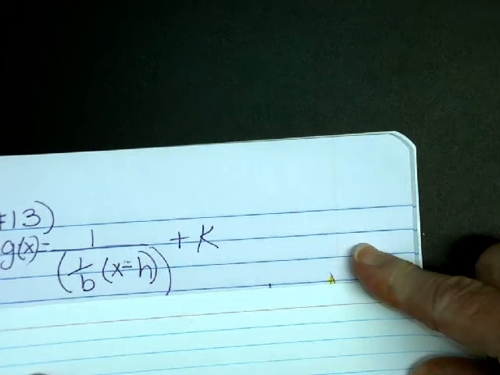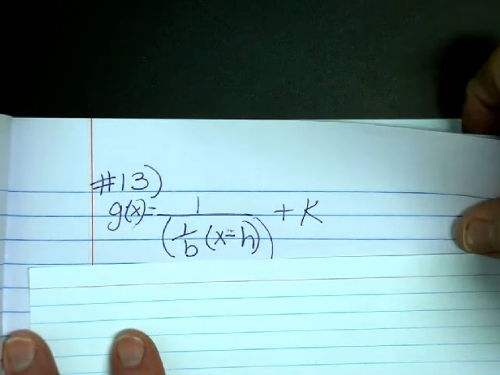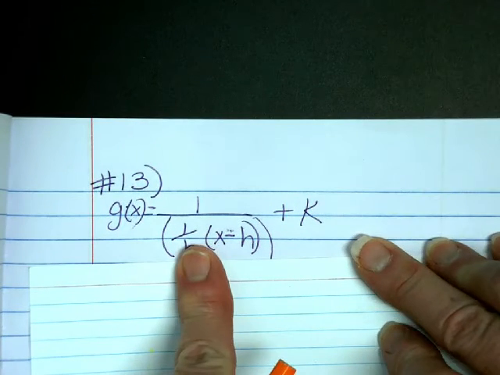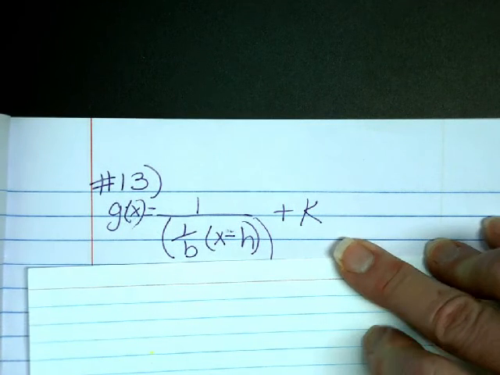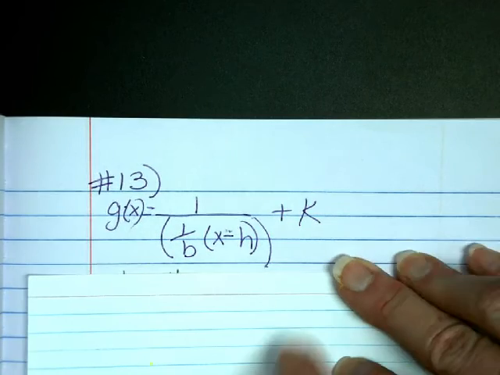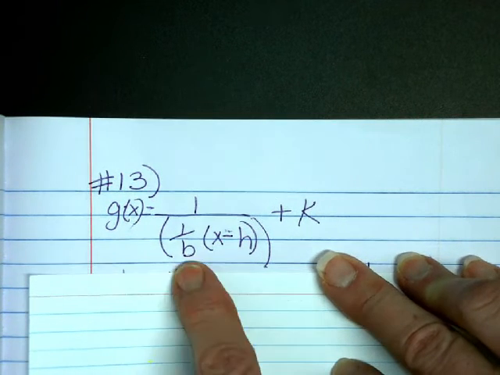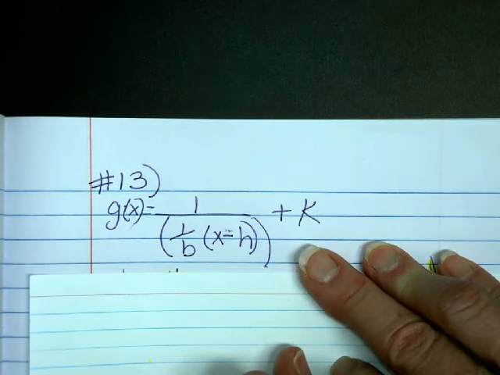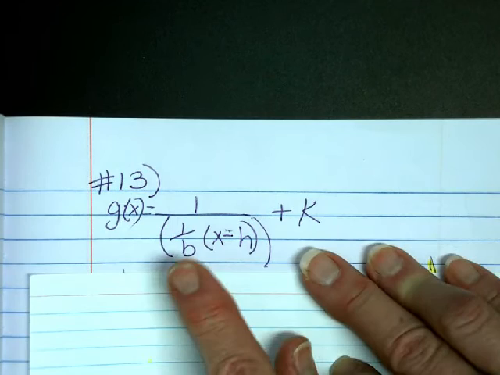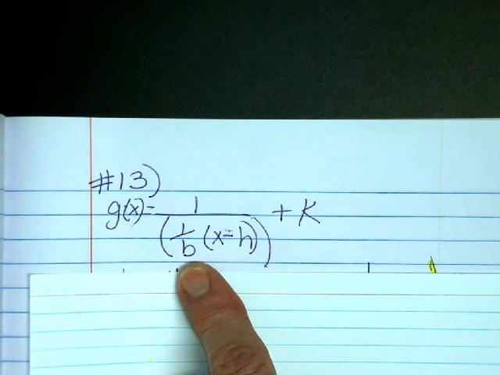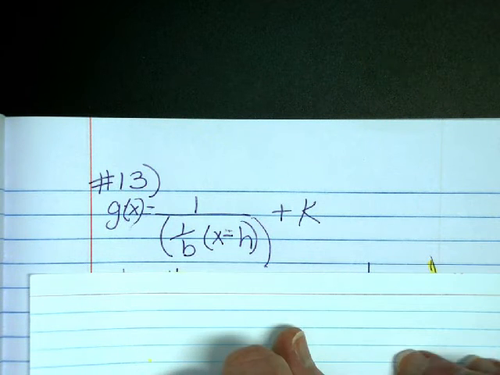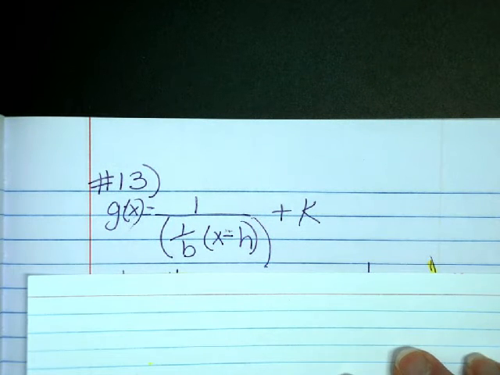So I went on to number 13, because they want you to write the equation from the graph. So that's the 1 over b, and we haven't had one of those on our homework. We did a. So I want you to see, what do you do when it's 1 over b? What's the shortcut?